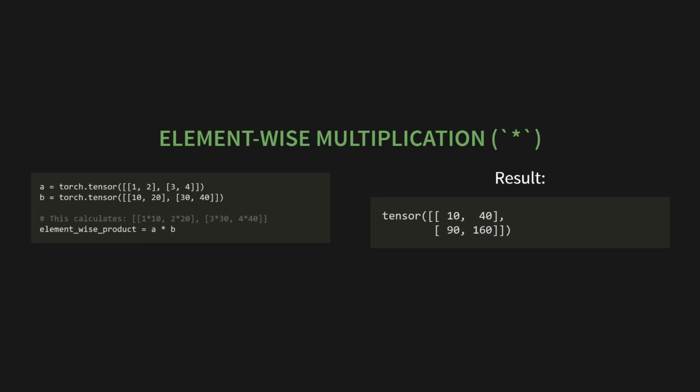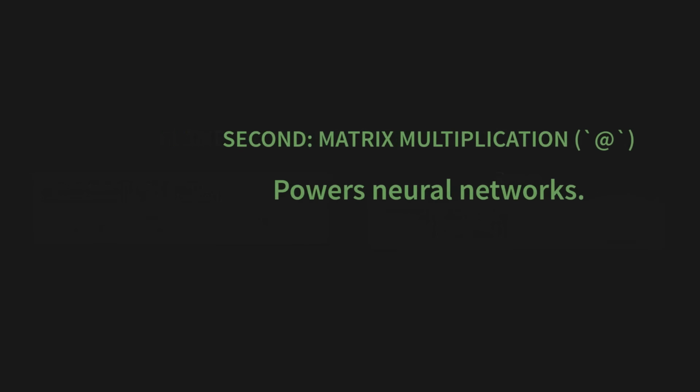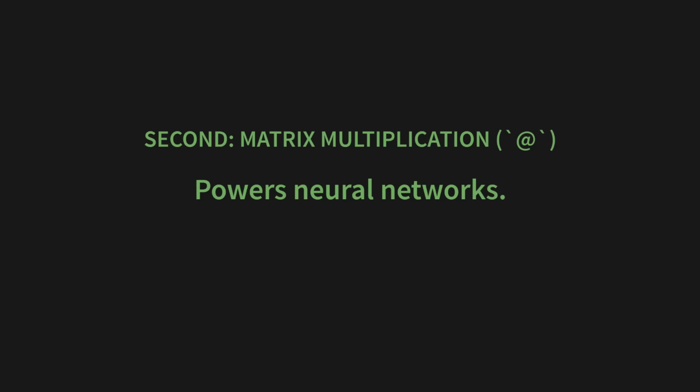In the top left, it's 1 times 10, top right, 2 times 20, bottom left, 3 times 30, and bottom right, 4 times 40. So the result is a tensor containing 10, 40, 90, and 160. Simple.